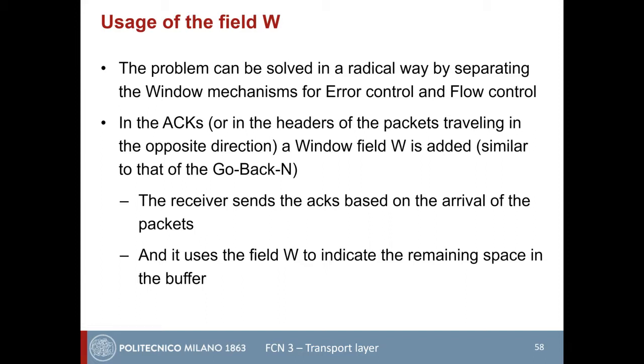So we have a dynamic and permanent adjustment of the transmitting window. So far we have seen the transmitting window with a fixed size. Here the transmitting window has a variable size which depends on the state of the receiver.